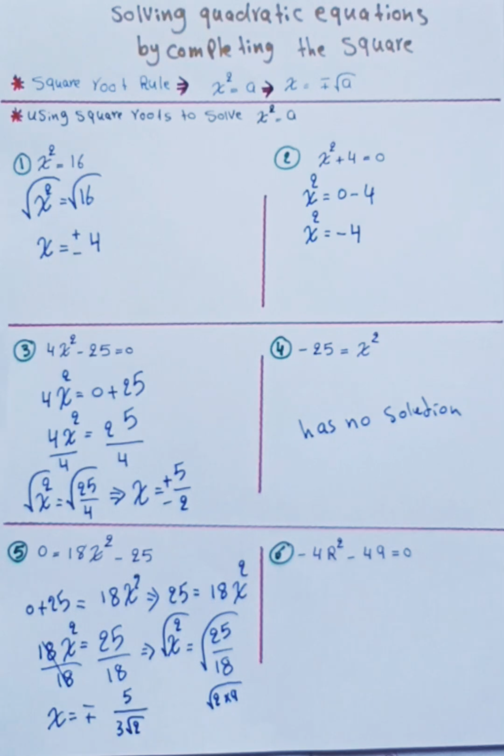So the value for x is positive or negative 5 over 3 square root 2.